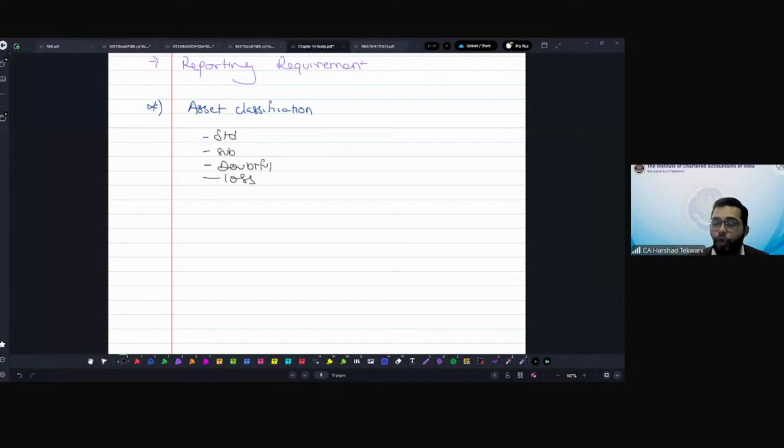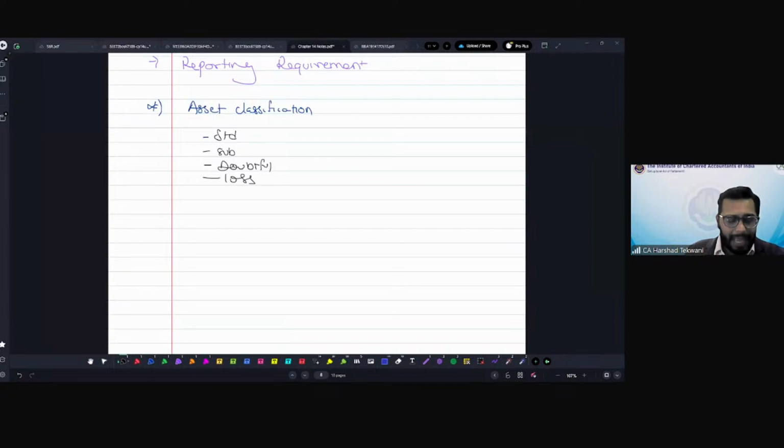Yeah. So an asset becomes NPA after 90 days of being overdue, and after the asset has become NPA, I will take another 12 months, and during the duration of 12 months, I will classify that asset as a substandard asset. So the moment an asset becomes an NPA, it is classified as substandard for the period of 12 months, and after 12 months, it goes to the doubtful category. Similar concept is there.